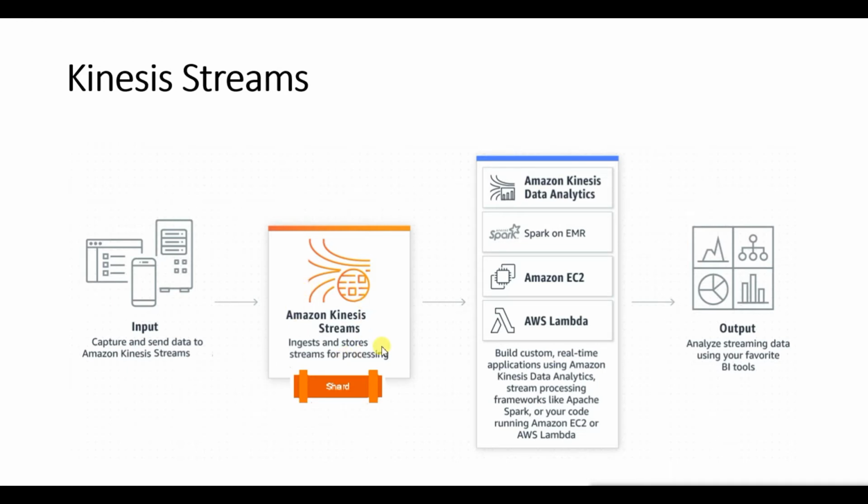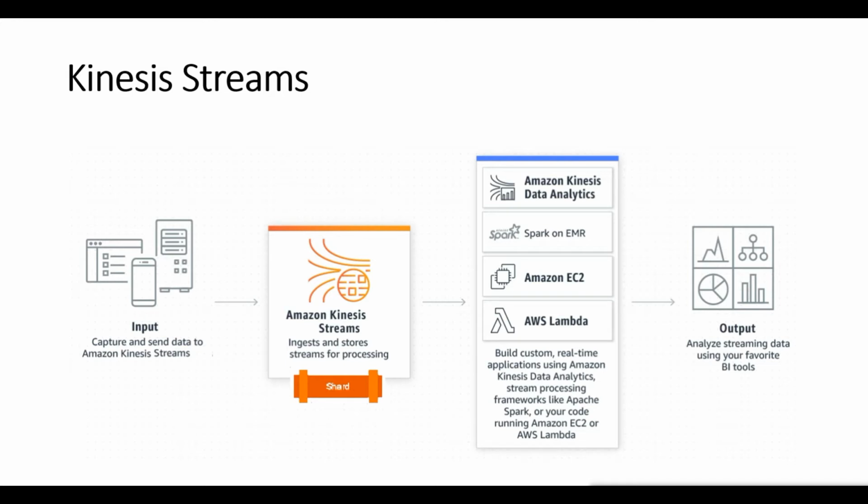And from here, after processing, the data is sent to the consumer, which can be EC2, AWS Lambda, and anything. So build custom real-time applications using Amazon Kinesis Data Analytics, stream processing frameworks like Apache Spark, or your code running on Amazon EC2 or AWS Lambda.